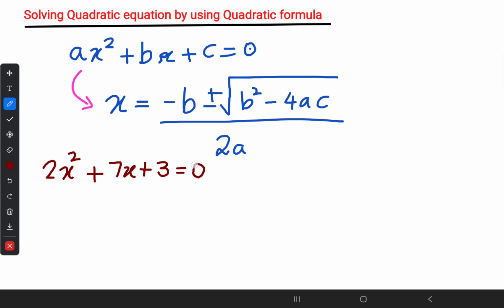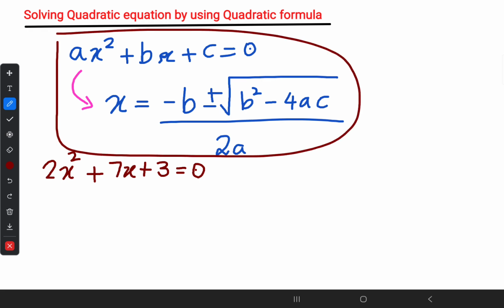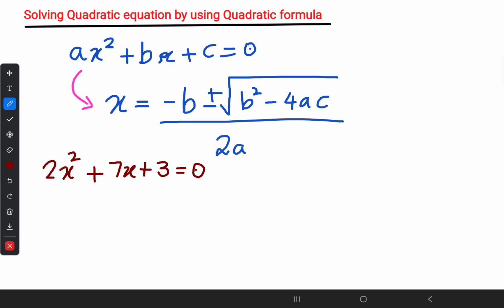Look at this, the coefficient of x square is not equal to 1, so this method is applicable to find the roots of the quadratic equation. Before that, identify the a, b, c values. This is in the same form as the given equation. The a value is 2, b value is 7, c value is 3.